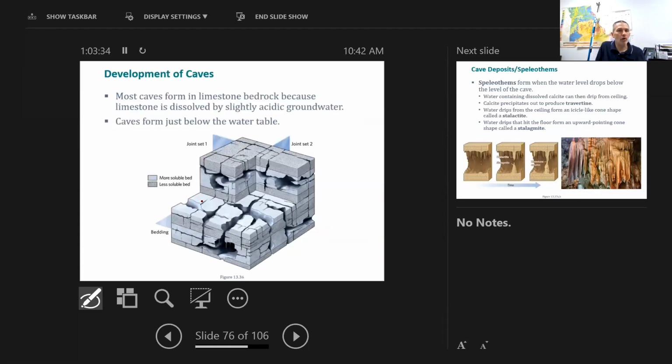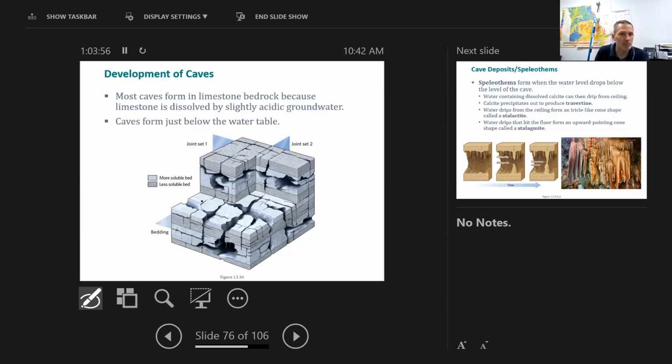One other common occurrence that's associated with groundwater, particularly here in places like Missouri that have a high amount of limestone, is these things called caves. Now, caves are just cavities in the ground. We learned in the chapter on minerals, I think it's chapter 3, that calcite is easily dissolved with an acid.